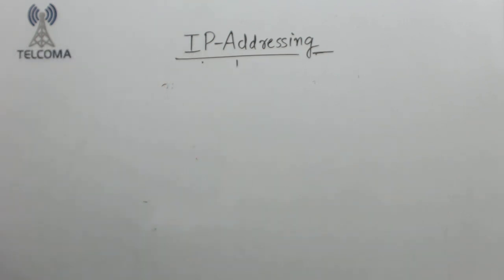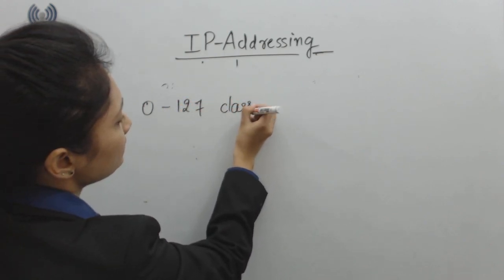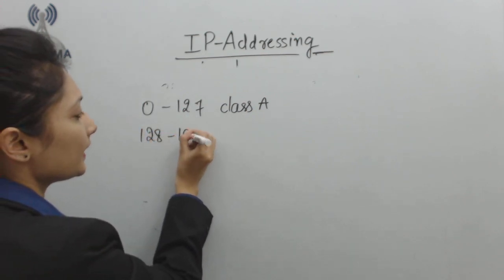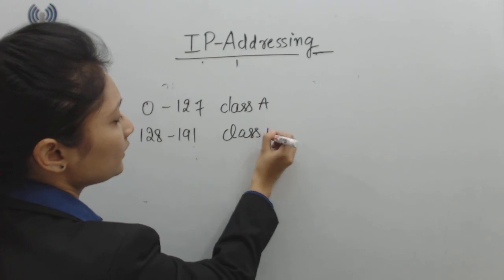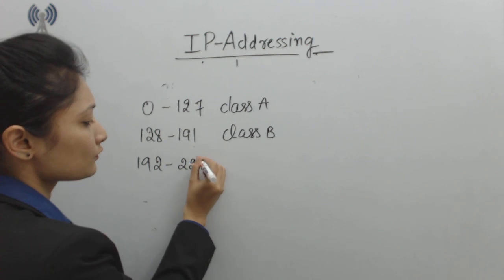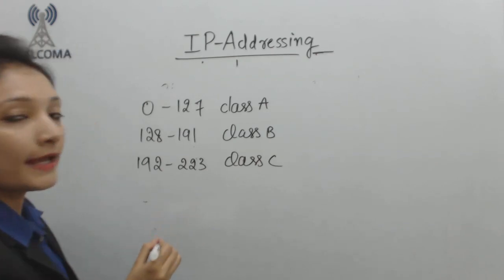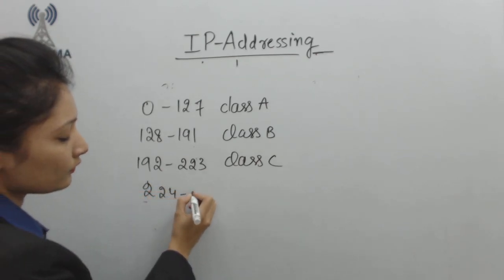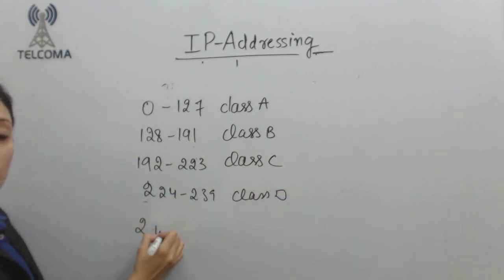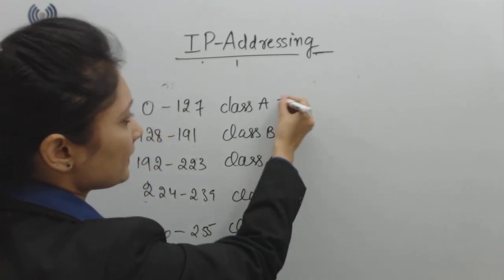So 0 to 127 you have class A addresses. Then 128 to 191 you will have class B addresses. Then 192 to 223 your class C, then 224 to 239 class D, and then 240 to 255 you have the class E addresses.